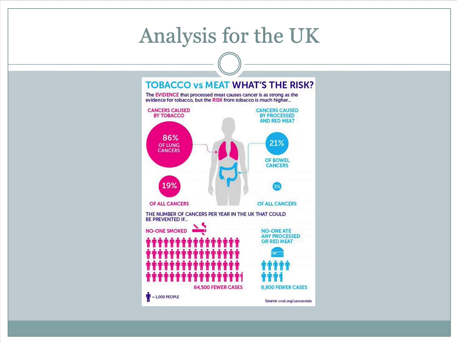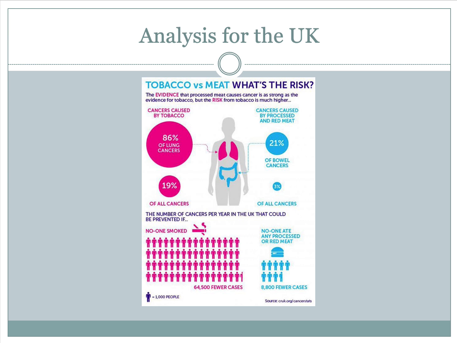Here's another graphic of an analysis that came out of this, comparing tobacco versus meat. Some things to notice: cancer is caused by tobacco, 86% of all lung cancers, and 19% of all total cancer appears to be caused by tobacco use. On the other hand, cancers caused by processed meat, 21% of bowel cancers, or 3% of all total cancers.